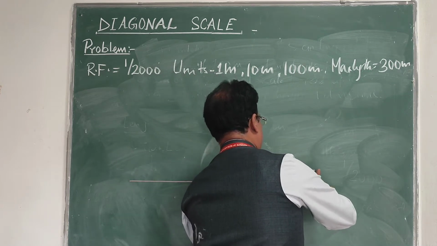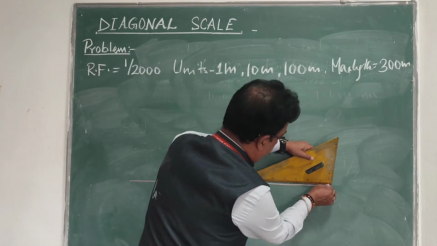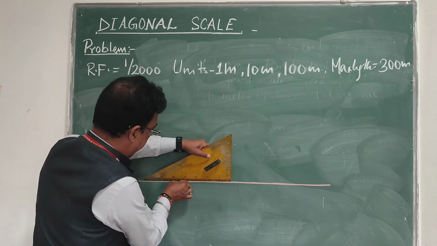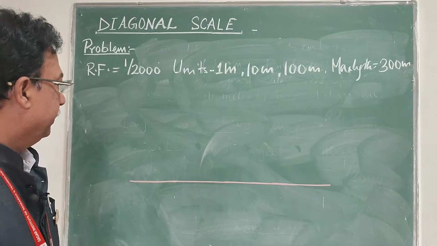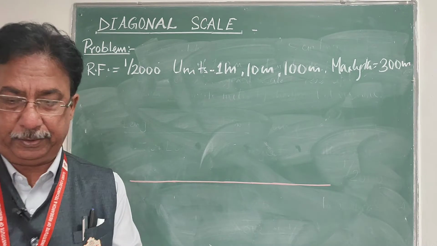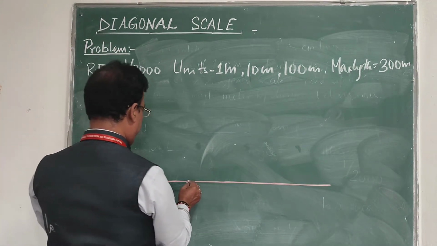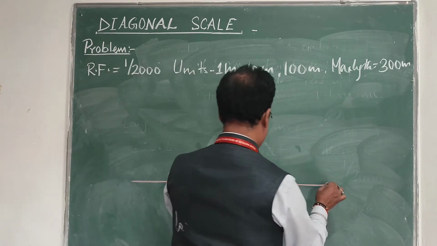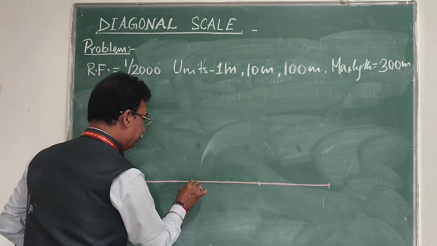I will divide this line, as this line will be representing a distance of 300 meter, into 3 parts, then one part will represent a distance of 100 meter. So I have directly divided this line into 3 parts.